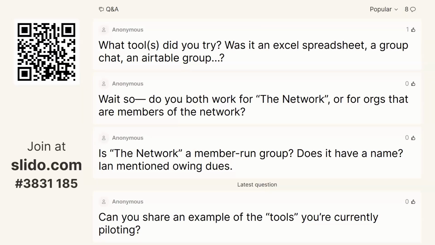Can you share an example of the tools you're currently piloting? You want to go to that? I didn't want to get too far in the weeds because as I walked around to everybody's conversations, I heard a lot about the tools that you're all using for relationship management and project management, and there are lots out there. The pilot I described was grant funded, and then surprise, they only awarded us half of our grant.